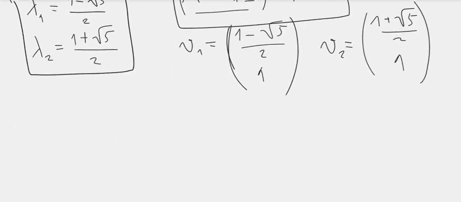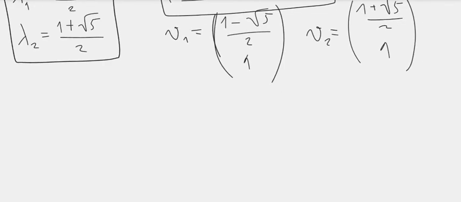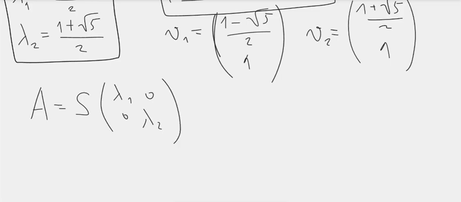So this matrix is diagonalizable, and we can write that matrix A is equal to S, then the diagonal matrix with lambda 1, lambda 2, 0, 0, then S to the power minus 1.